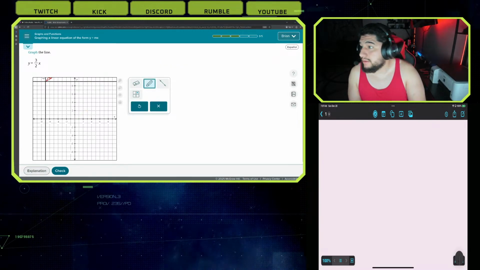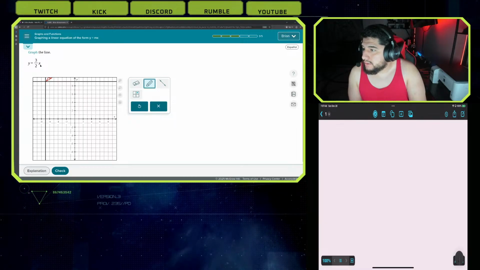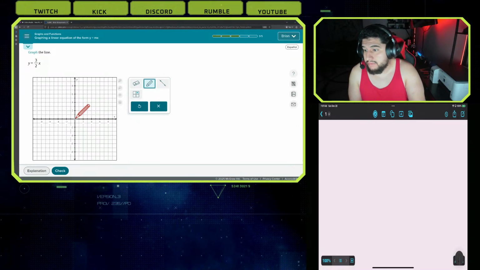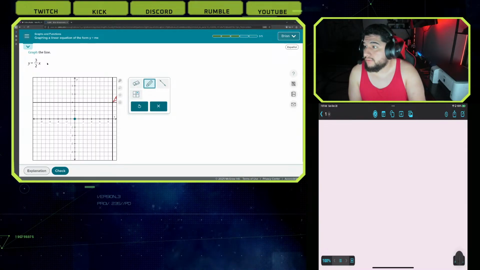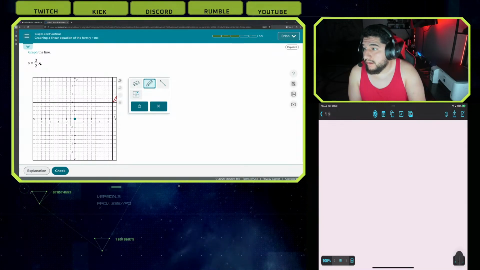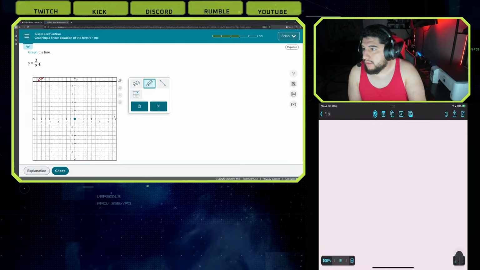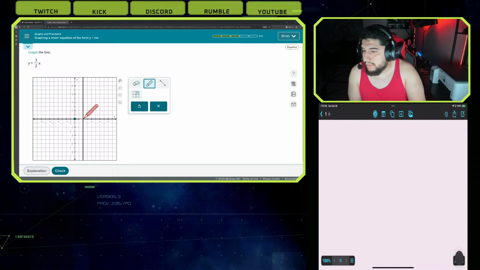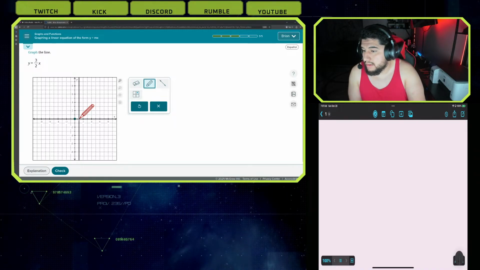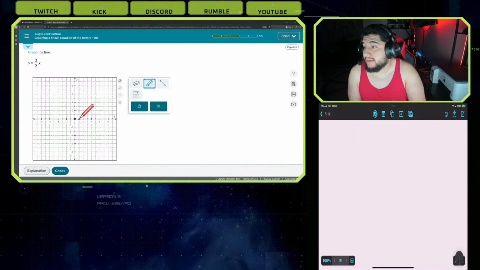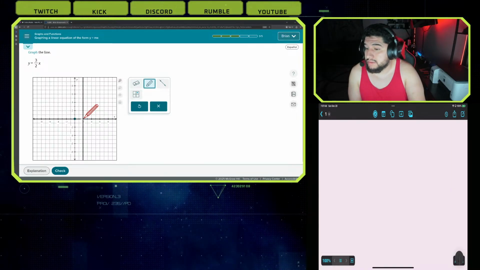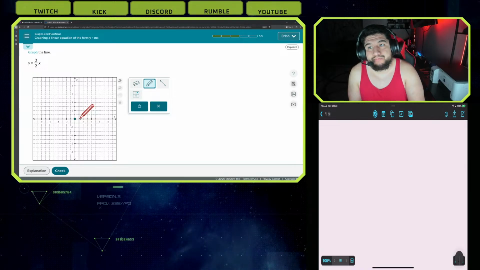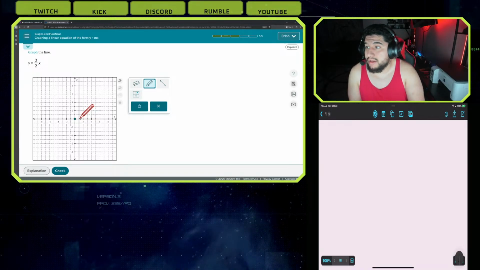Alright, same thing, even though it's a fraction. If the x value is 0, 0 times 3 halves is 0. Now for the 1, let's see. We have to do something that makes it a whole number, so we can't use 1 because 1 times 3 halves equals 3 halves. So let's do 2. 2 times 3 halves equals, let's see. We multiply it by 2 over 1.